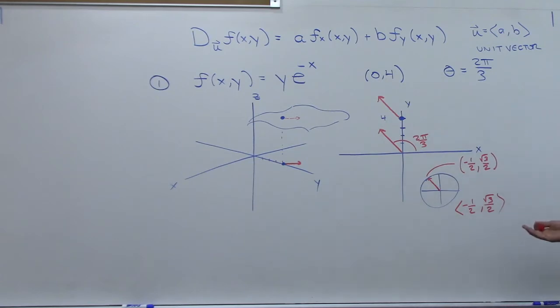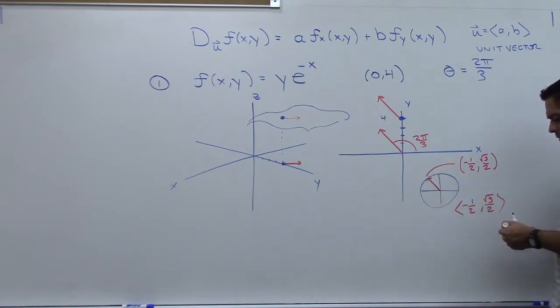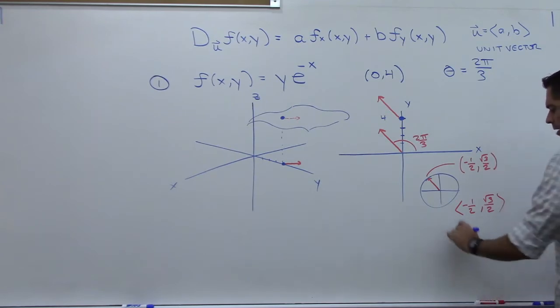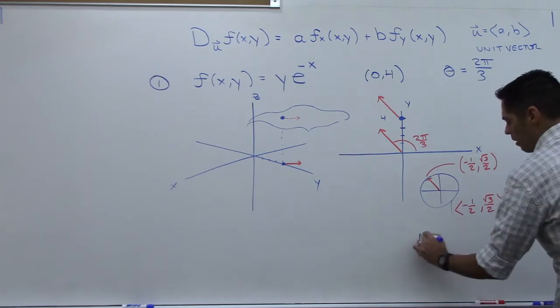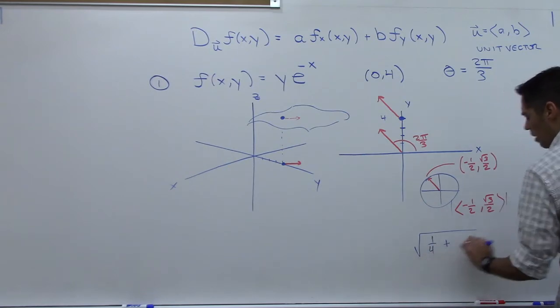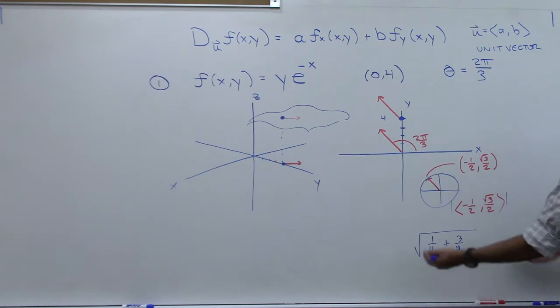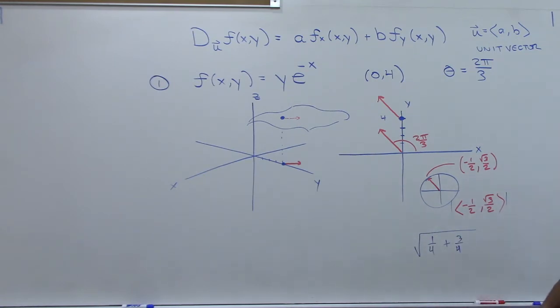And so the only question is whether or not this has unit length. Well, it came off the unit circle, so obviously it should have a length of 1. But we could double check it real quick. Take its magnitude: square root, just square each one. So square that, that's 1/4, plus square that, on top you get 3, on the bottom you get 4. Add them together, you get 4/4, that's 1. So that is a unit vector.